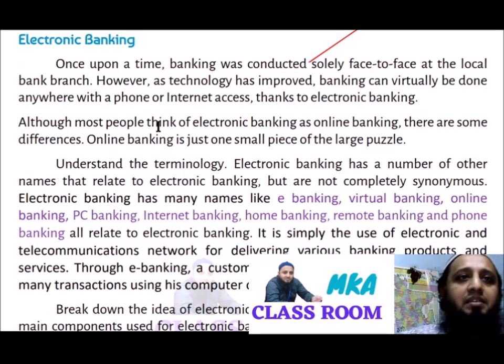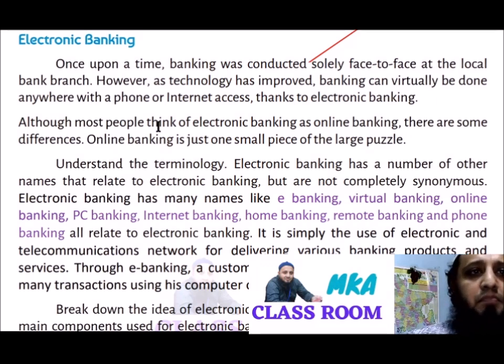Once upon a time, banking meant you went physically to the bank, drew your check, and withdrew your funds by handling cash. That was the old concept of banking, but nowadays this concept is changing with the development of electronic banking.